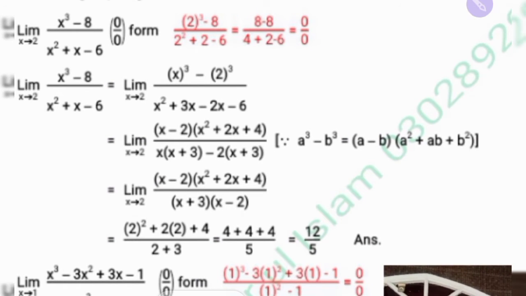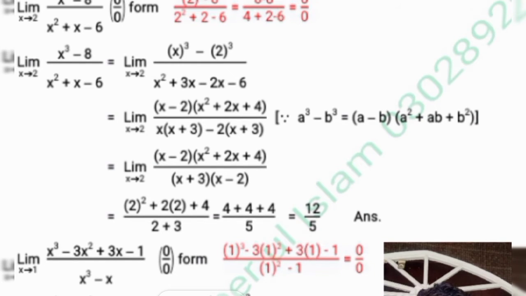Now we will apply this formula here. A is x and b is 2. So a minus b will be x minus 2. A square means x square and ab means 2x and b square, that is 2 square, that is equal to 4. We have applied the formula.